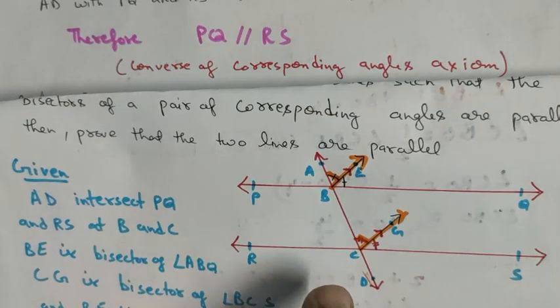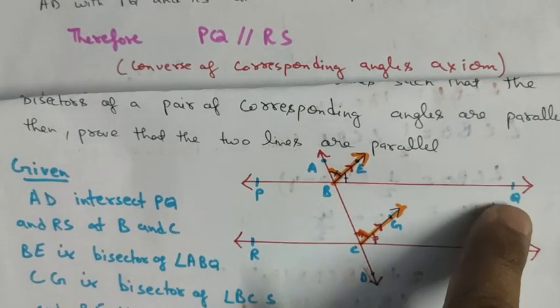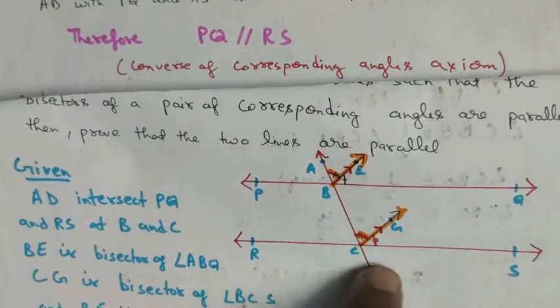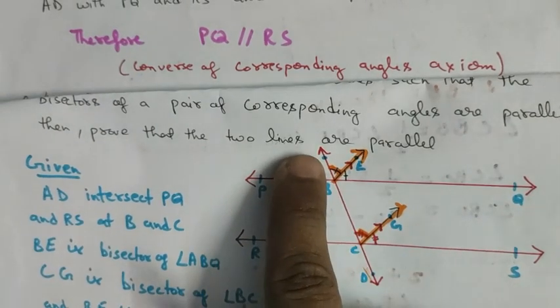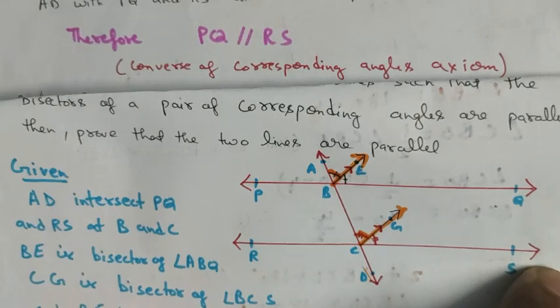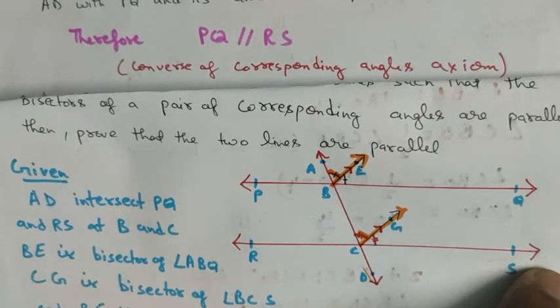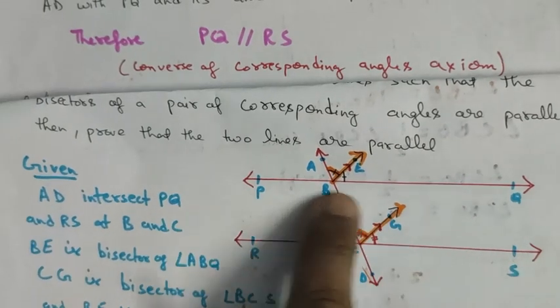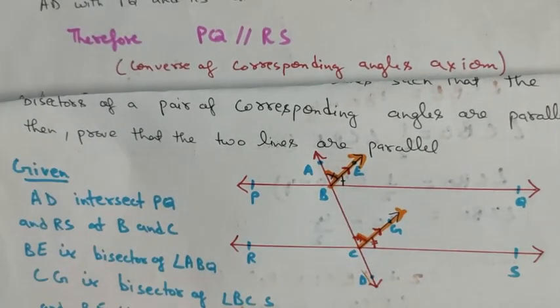Since we have proved the corresponding angles ABQ and BCS equal, by the converse of the corresponding angle axiom, the line PQ is parallel to line RS.